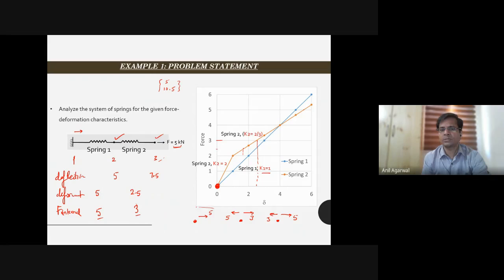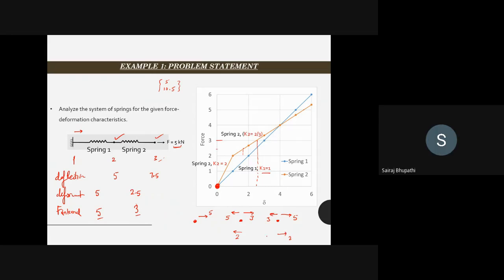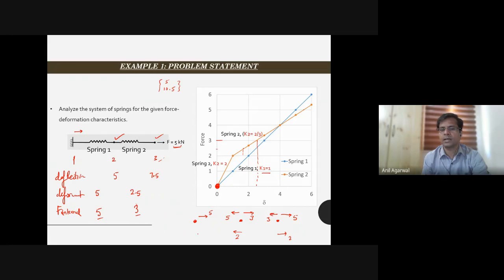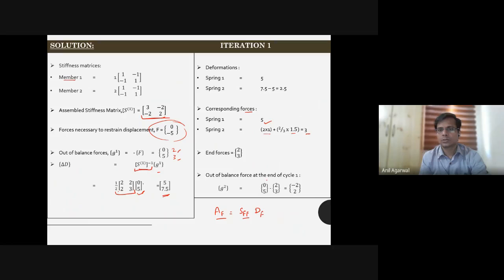Now, what are the imbalances? Here there is no imbalance because this is restrained. I don't worry about the restraint point, only the free degrees of freedom. This will anyway absorb all kinds of demand. This one is not a problem. This one, what is the imbalance? 2. Correct? These are the unbalanced forces. So this is the out of balance force.